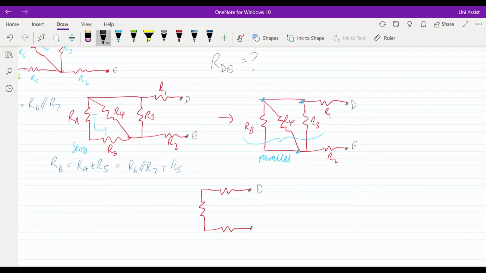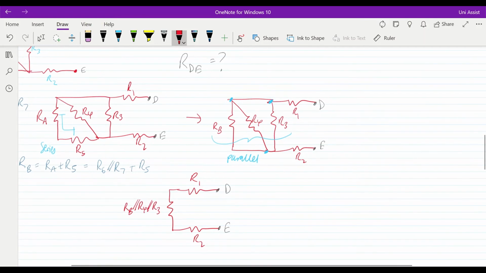So I've got D, E, I've got R1, R2, and I've got this combination here which is RB in parallel with R4 in parallel with R3. Now the final step is fairly straightforward.